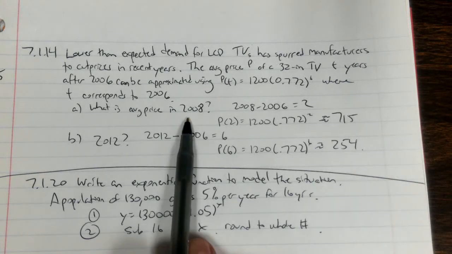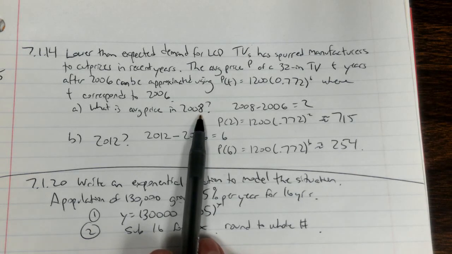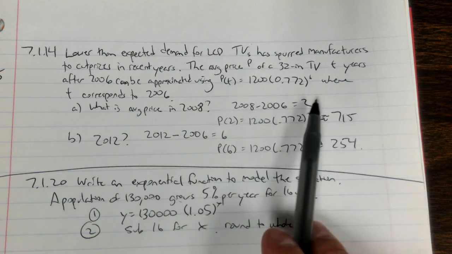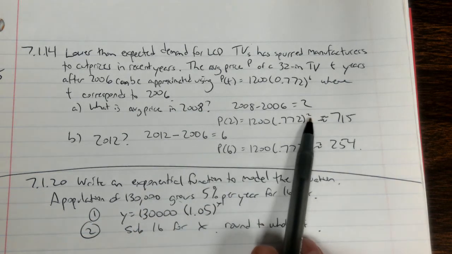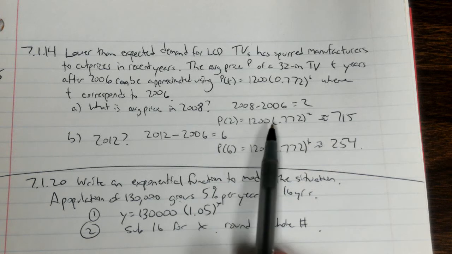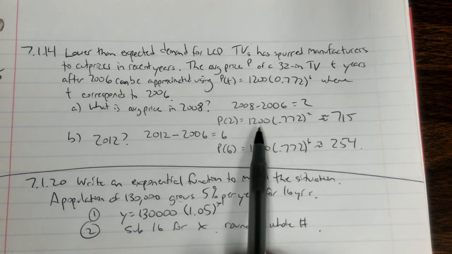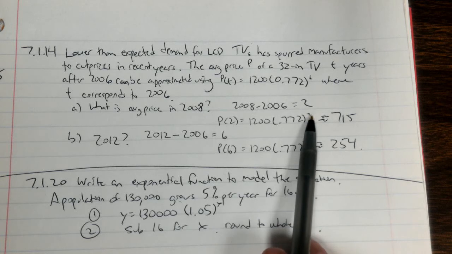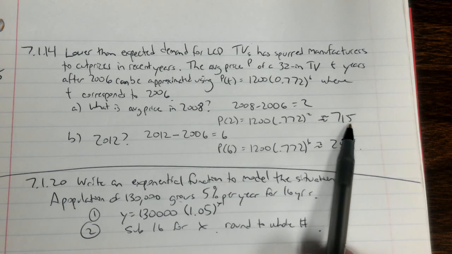Then they want to know the average price in 2008. So all you do is you take this year minus that year to give you 2, which is your exponent. And then you just do P of 2, which means take your number, 1200 times 0.772 to the second power, and then that's your answer.